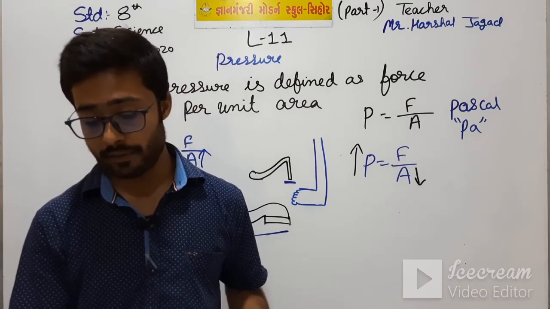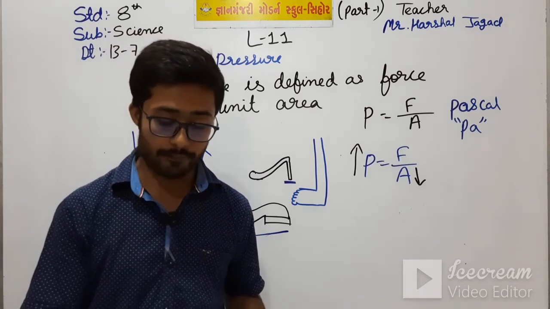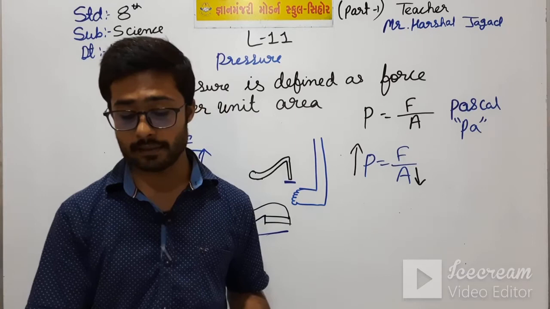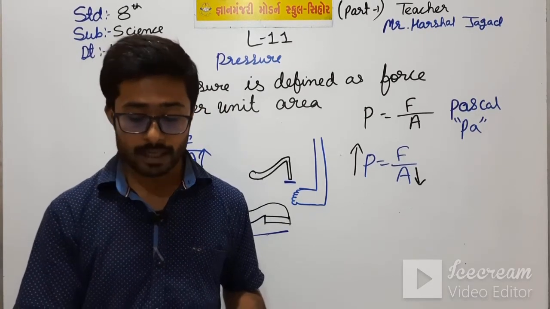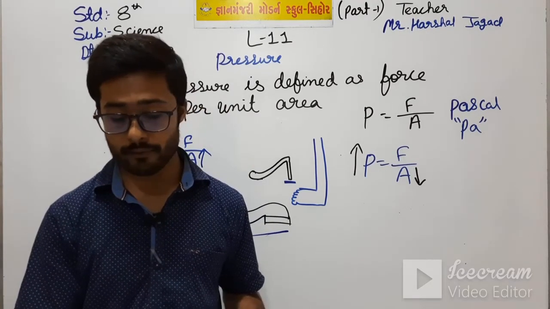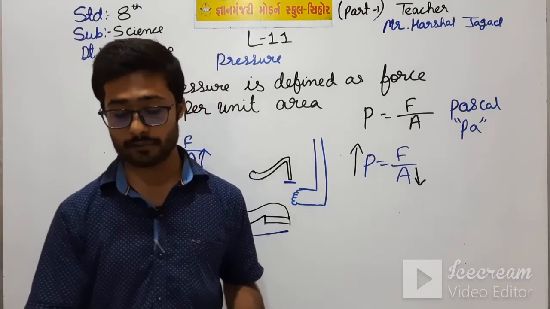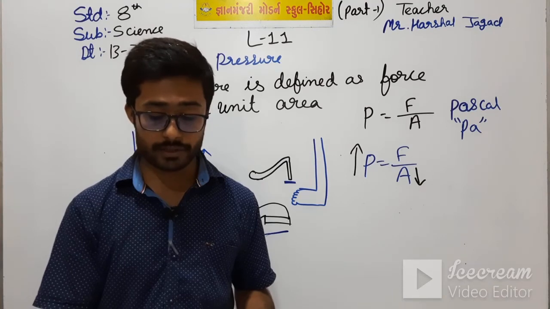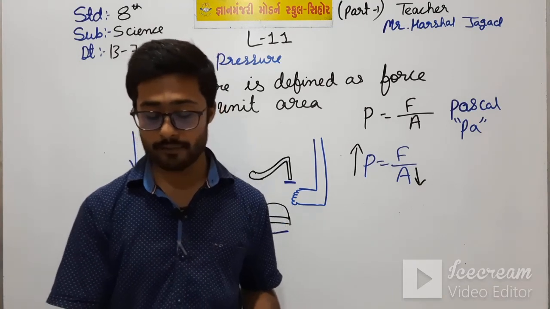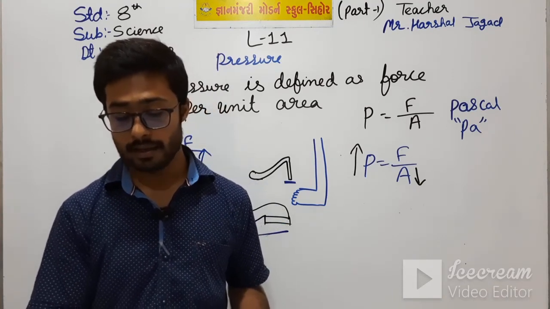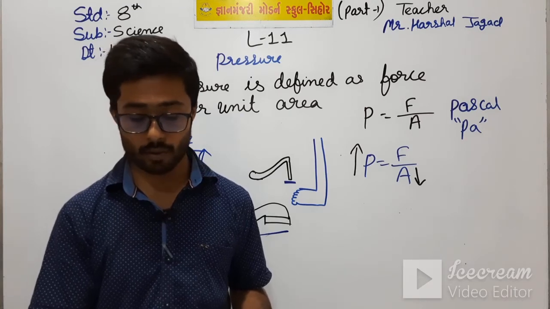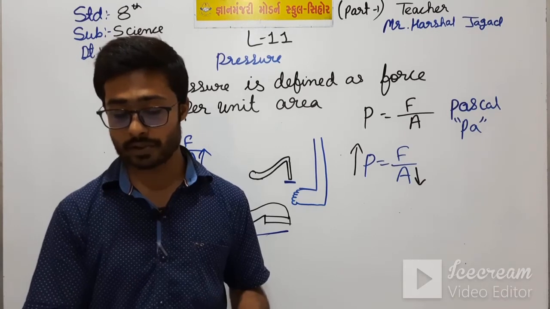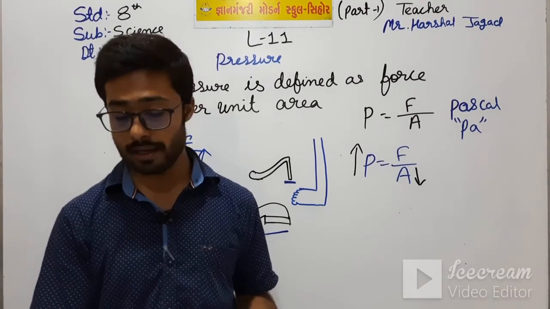In the above activity, suppose we use the same force to press the eraser in both cases, with our thumb and with the drawing pin. In what way would the two actions differ from each other? The difference is the area over which we apply the force. When we press the eraser with our thumb, we are pressing over a large area compared to the drawing pin, whose tip has a small area.